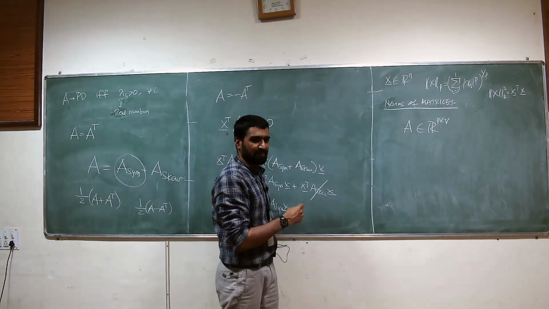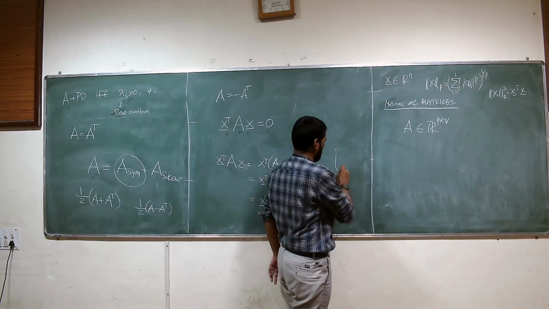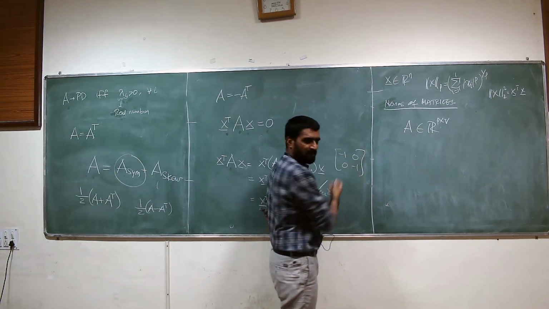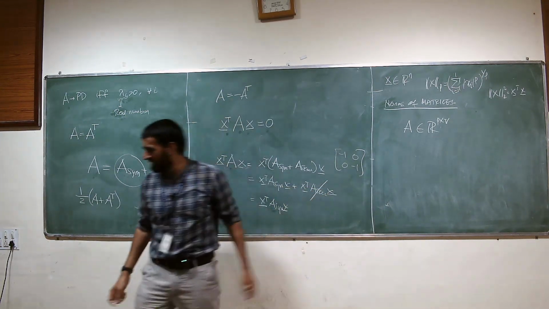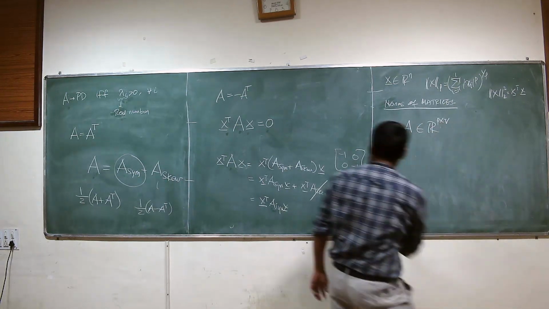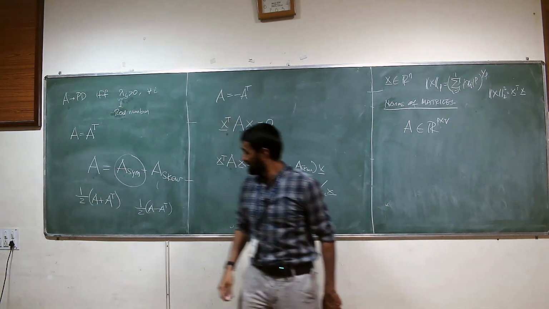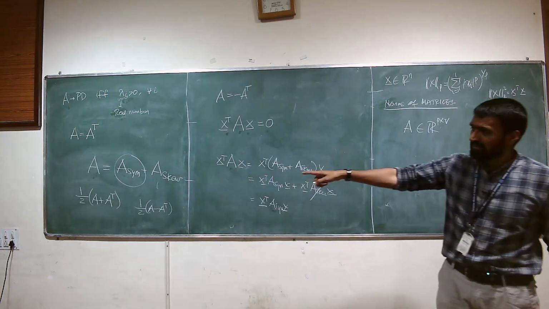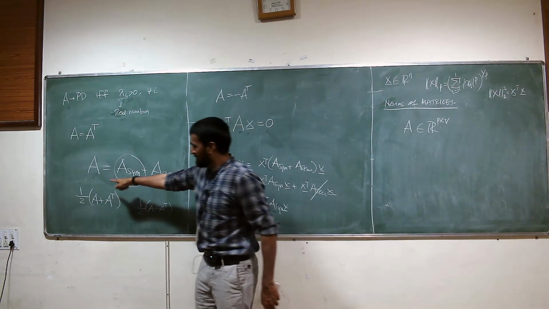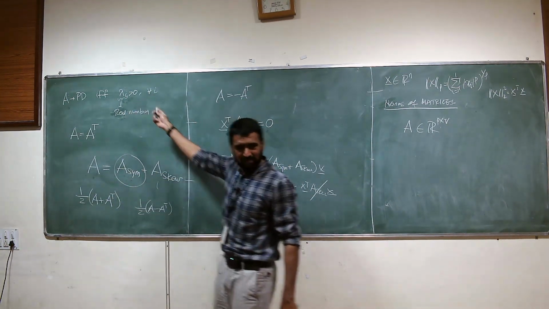A 2 cross 2 matrix. That's all. This is an example of a symmetric matrix that's got negative eigenvalues. Yes. So if you have any arbitrary matrix, you find the symmetric component, find its eigenvalues.